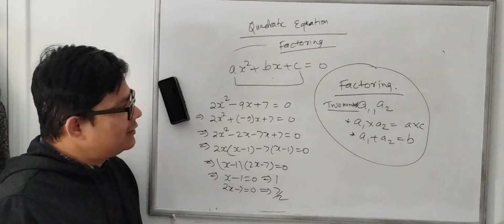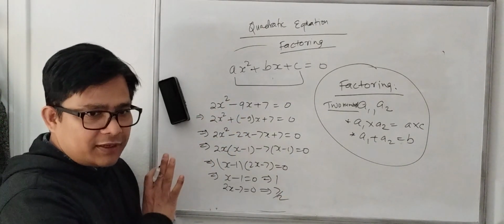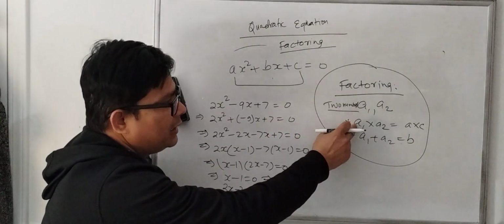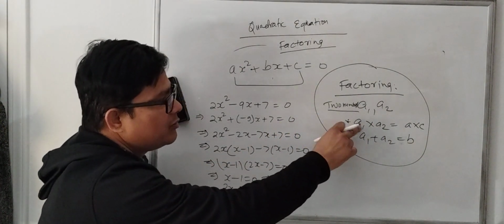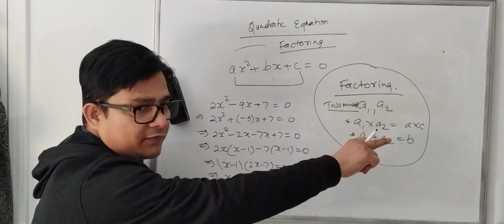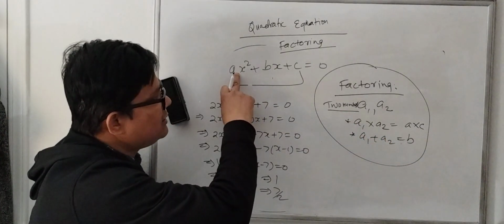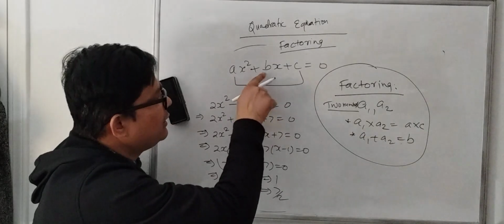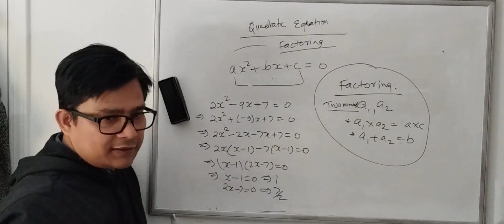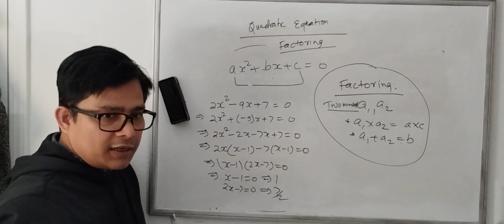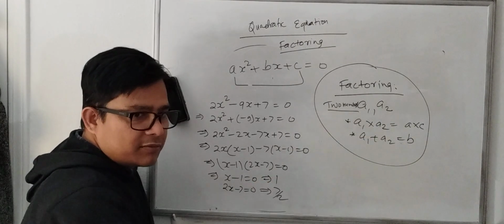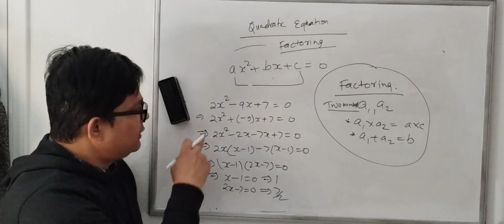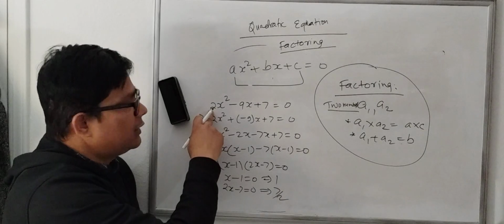Okay, so you saw what we are doing. We are trying to find two numbers in such a way that multiplication of those two numbers will give me the product of coefficient of x squared and the constant term, and the sum of those two numbers will give me the coefficient of x. This is what you have to remember. And to find those two numbers, you can take the factors of the product of A and C. Like here, product of A and C was 14.